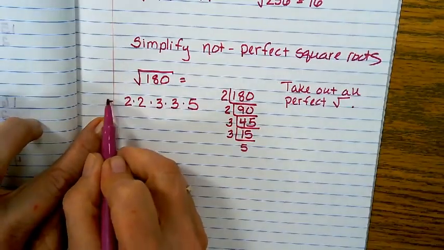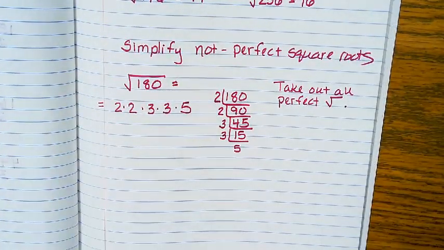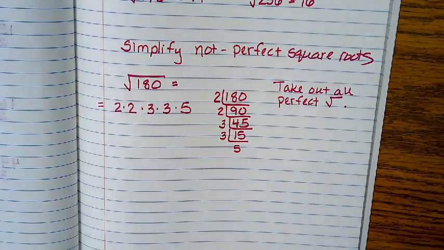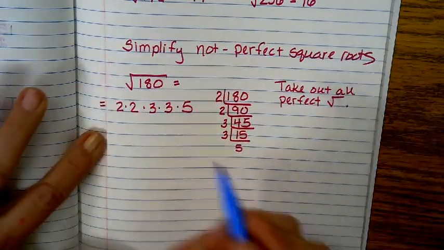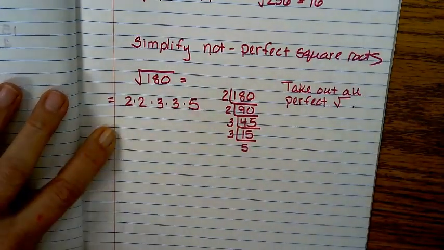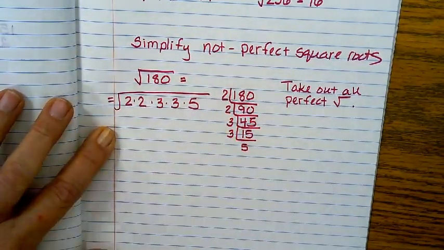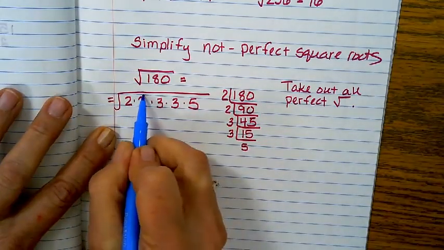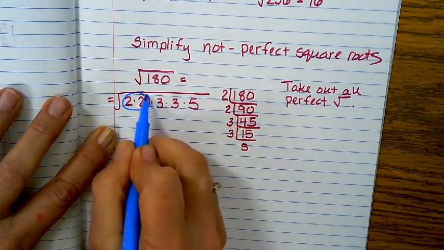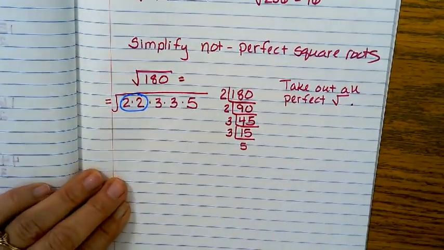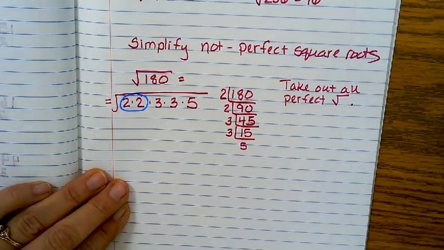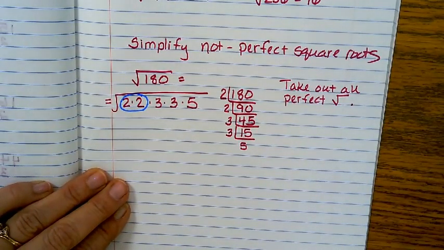Now notice here, we're still under the square root because we're doing the square root of this. So what is 2 times 2? 2 times 2 is 4, right? What is the square root of 4? 2. So that's one of my perfect square roots here.